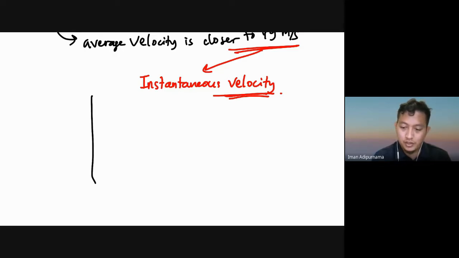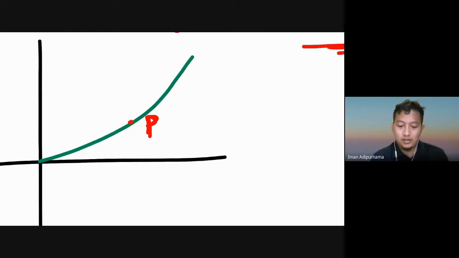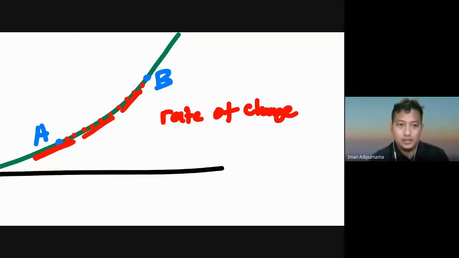Or here, if we look at what we have done, you want to know the tangent at point P. So this is A, B, and again, there is a rate of change.